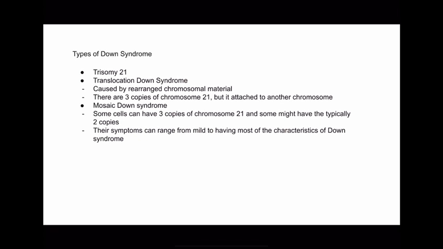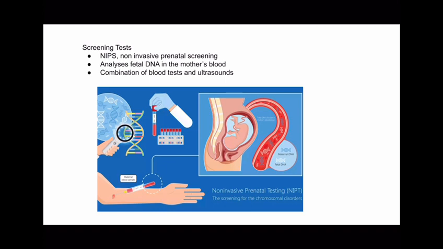It is usually done after 10 weeks of pregnancy and can be combined with first trimester screening. And combined first trimester screening is a test that combines a blood test and an ultrasound to estimate the likelihood of a fetus having Down syndrome. And it is typically done between 11 weeks and 14 weeks of pregnancy.